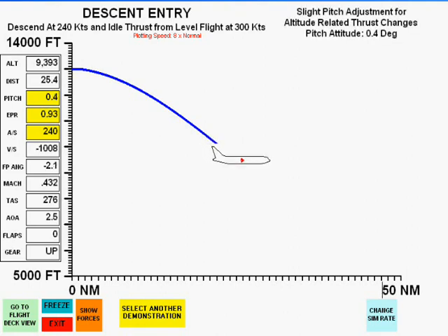A slight change in pitch attitude is required due to thrust changes due to altitude. Note that the speed has stabilized at 240 knots and the vertical speed at approximately 1,000 feet a minute.